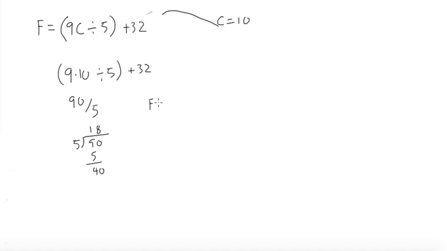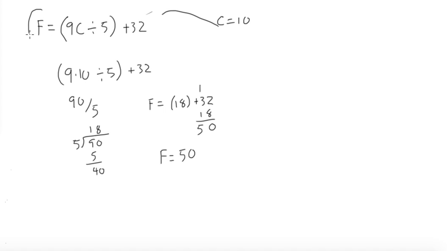So Fahrenheit equals 18 plus 32. So it's 50 degrees Fahrenheit when it's 10 degrees Celsius.